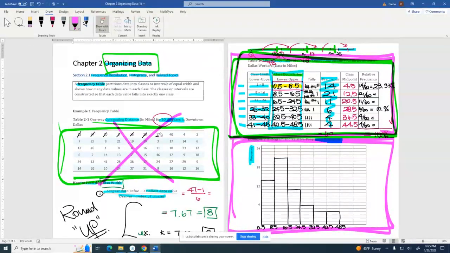Let me ask you. Why do you like the histogram then? It's more organized, like you can easily see what you're looking for. Easier. What does easier mean? Simpler. I don't care where the midpoint is or the relative frequencies.